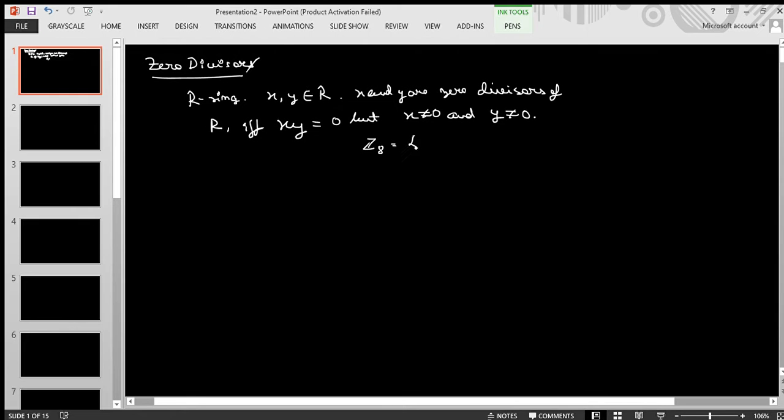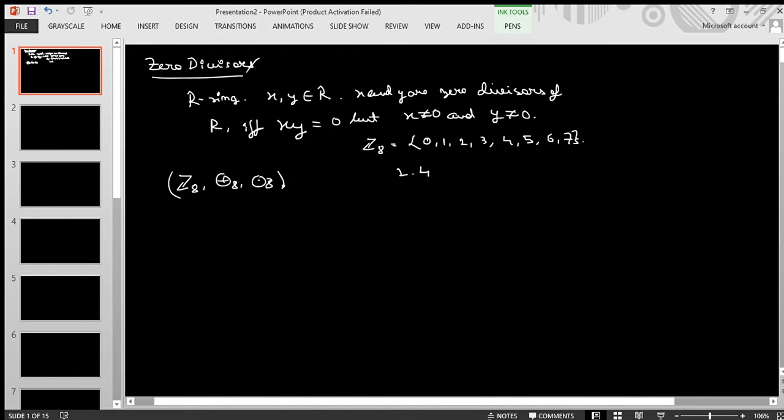Z8 has elements 0, 1, 2, 3, 4, 5, 6, 7. So if you take say 2 and 4 and you do the multiplication modulo 8, because this is Z8, right? You have to do the multiplication modulo 8, because Z8 is a ring, addition modulo 8 and product modulo 8.